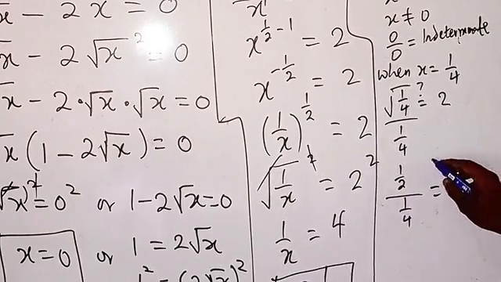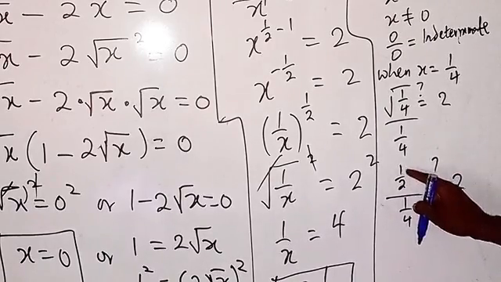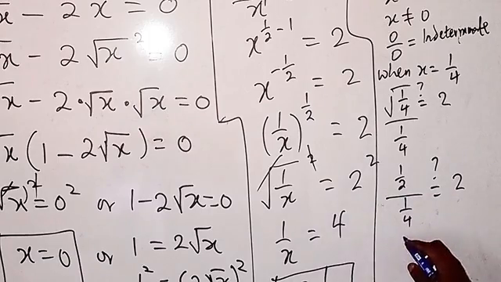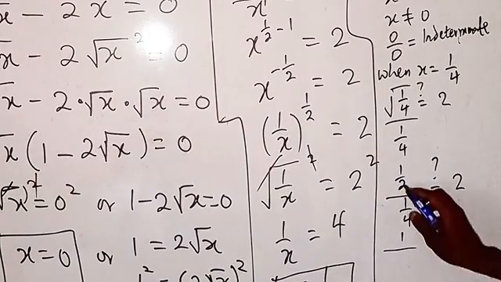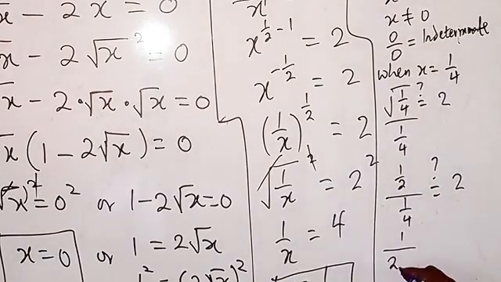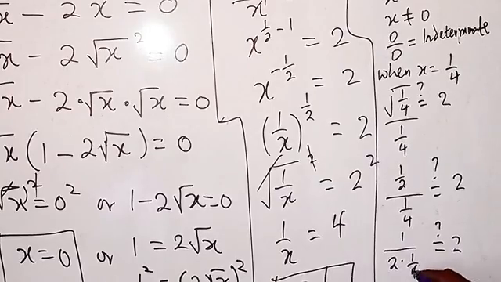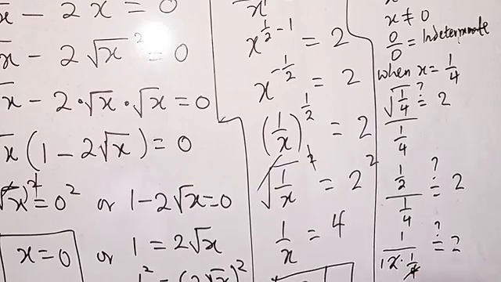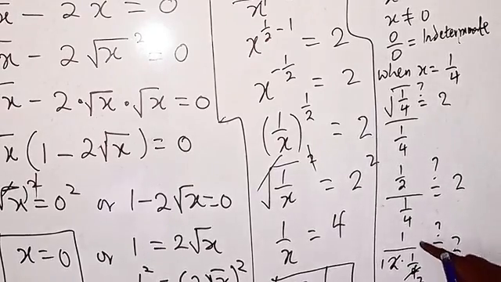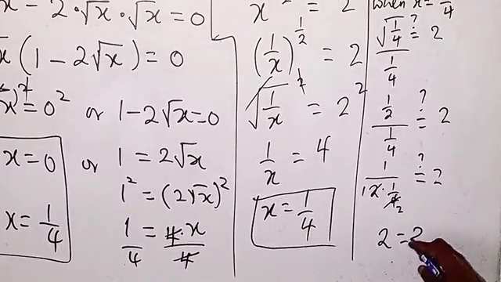Is this going to be 2? Now let's check these two. If you want to find this, we can have this to be 1 over 2 times 4 over 1, and we have 2. You can see that this will give us 2 equals 2.